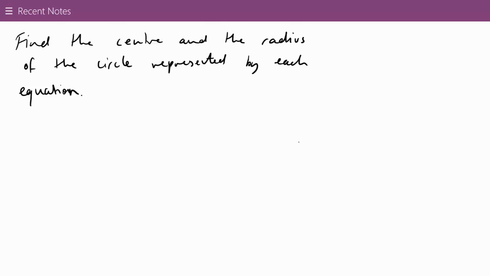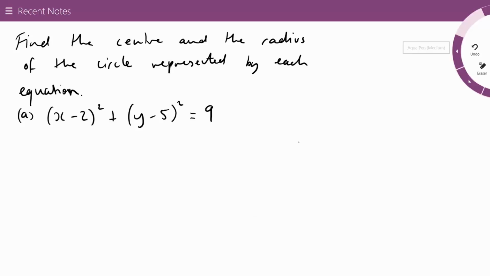So part A, I have got x minus 2 squared plus y minus 5 squared equals 9. So I'm just going to put here in orange x minus h squared plus y minus k squared equals r squared. So that's the form.